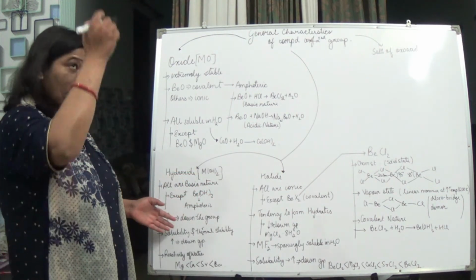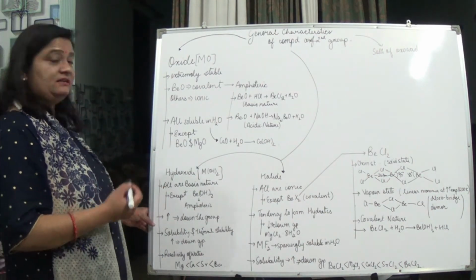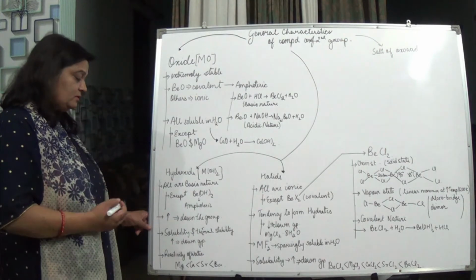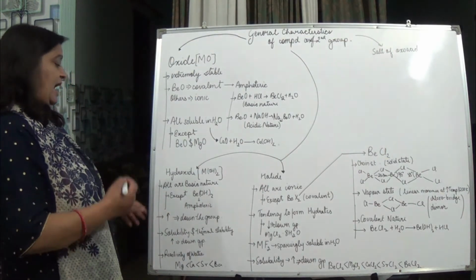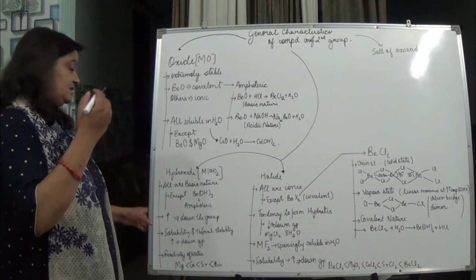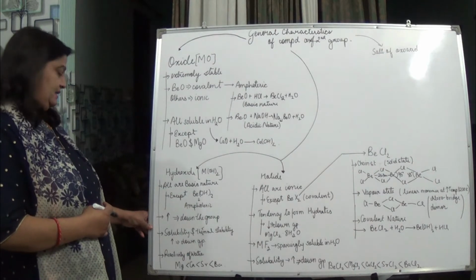As a result, as we go down the group, the basic character goes on increasing. Now, its thermal stability and its solubility also increase as we go down the group.